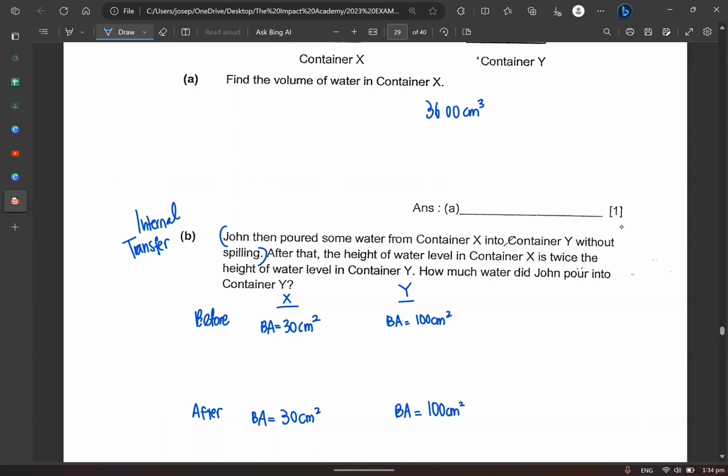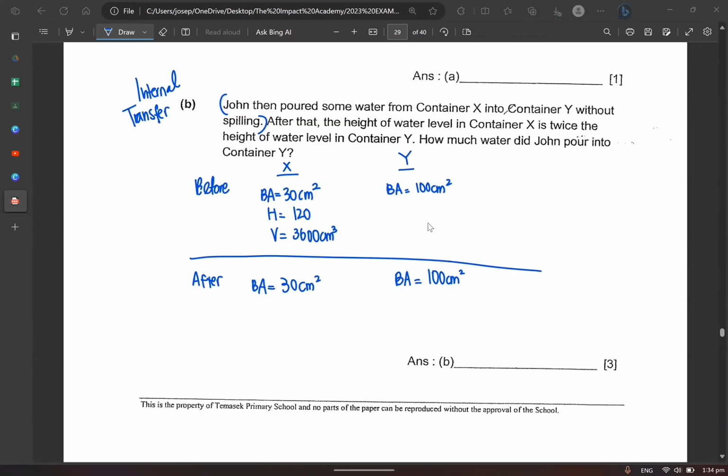Now before that, for X, it has a height of 120. So we know our volume, as we have found in part A, it is basically 3,600 centimeter cube. So we first have to write down the total as well. The total volume over here is 3,600.